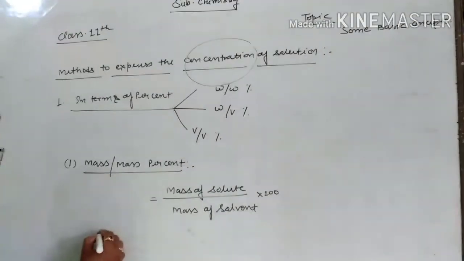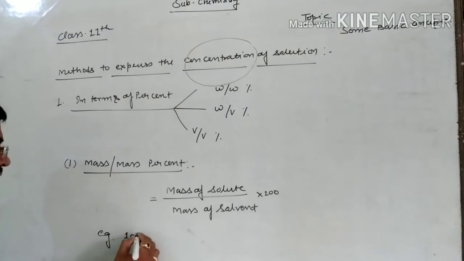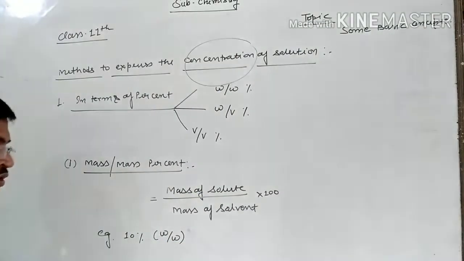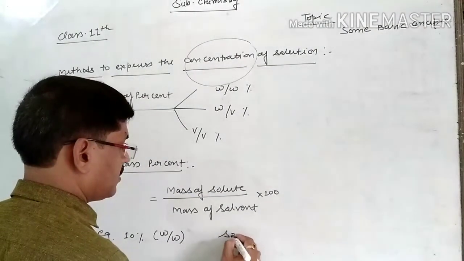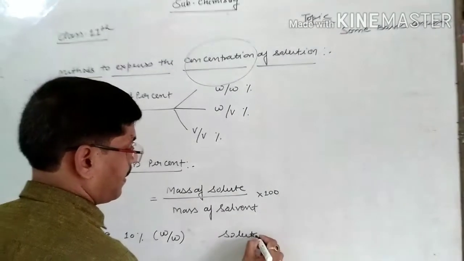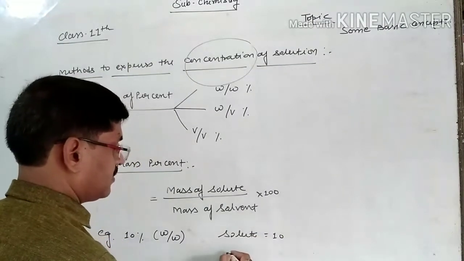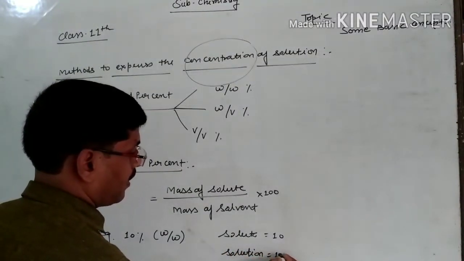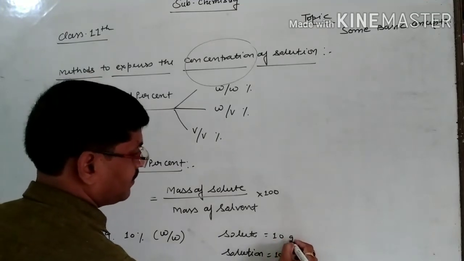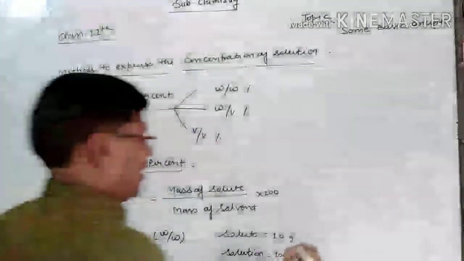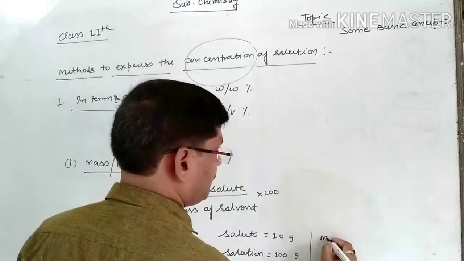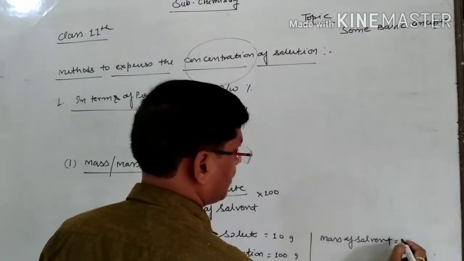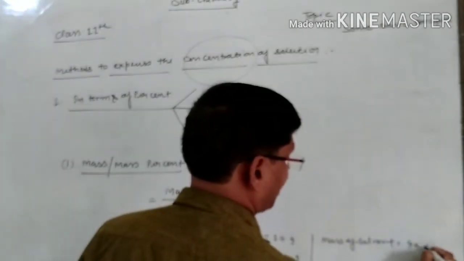Suppose I take as an example 10% W by W. It indicates that the mass of solute is 10 gram, the mass of solution is 100 gram, both in gram, and then the mass of solvent is 90 gram.